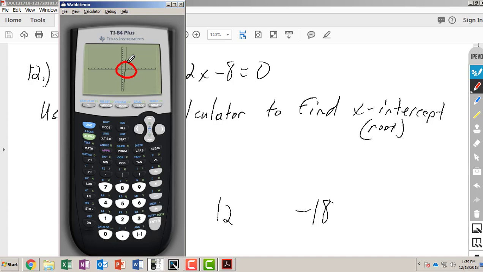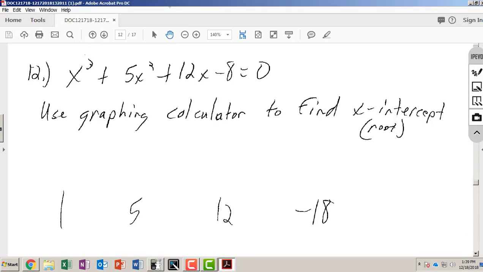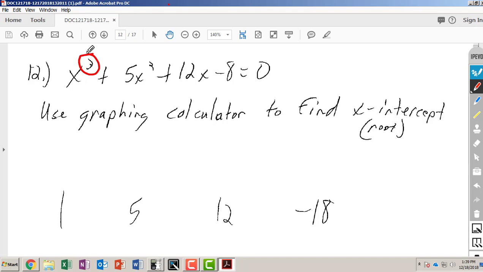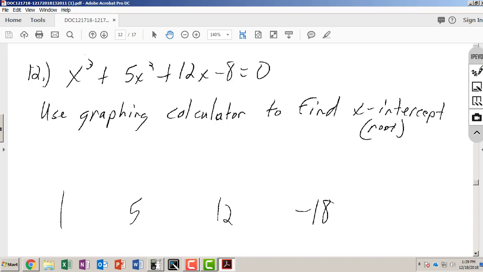So using our fundamental theorem of algebra combined with the linear factor theorem, we know that we have to account for 3 answers. So only one of those answers is going to be an integer answer, and the others we're going to have to find on our own.